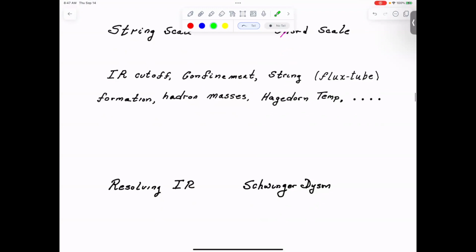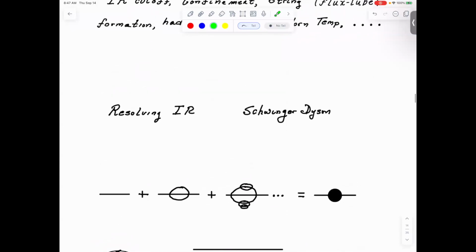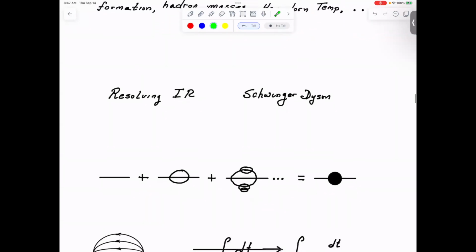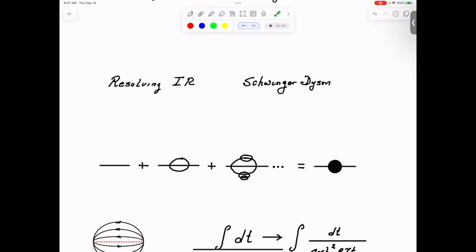One of the important things that it does is to resolve the infrared divergences. Well, let's talk about the infrared divergences that occur in the perturbation series for the SYK system. They were just these integrals over time, which were unsuppressed, infinite. Those are also resolved by summing diagrams, in this case using the Schwinger-Dyson equations.